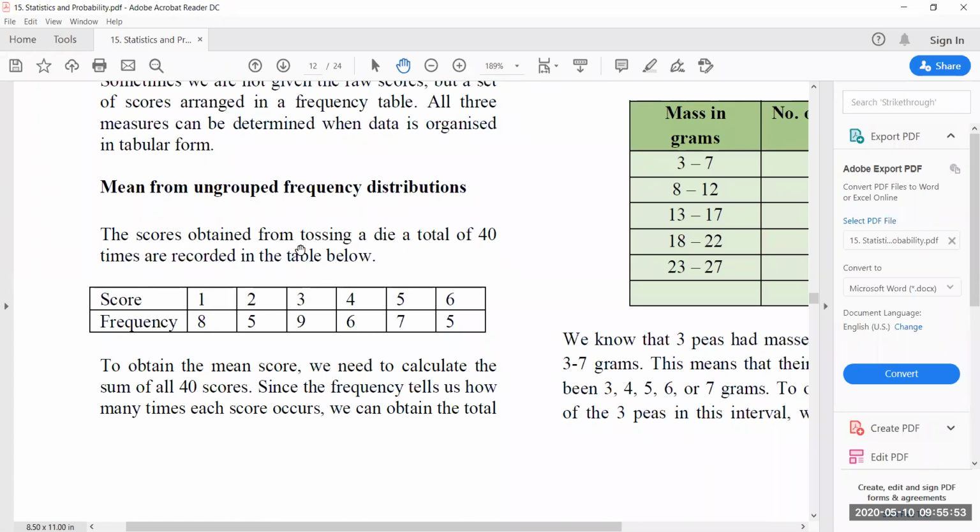The scores obtained from tossing a die a total of 40 times are recorded in the table below. 1 occurred 8 times, 2 occurred 5 times, 3 occurred 9 times, 4 occurred 6 times, 5 occurred 7 times, 6 occurred 5 times. Now, from this data, tell me what you think would be the most occurring number.